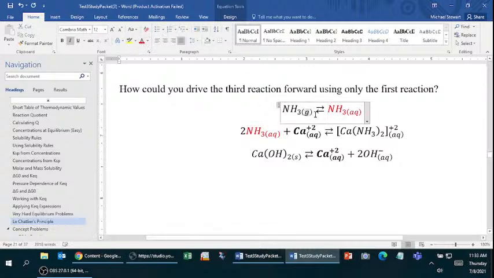So we only have one choice here. One is to increase the gas phase ammonia. The other is to increase the pressure, and I think that's more what it's going for with this problem, which is saying if you increase the pressure of ammonia, so you compress this system, you'll drive more aqueous ammonia. More aqueous ammonia will remove more calcium to form this calcium complex. And then by removing the calcium plus 2, that's how you drive the third reaction.